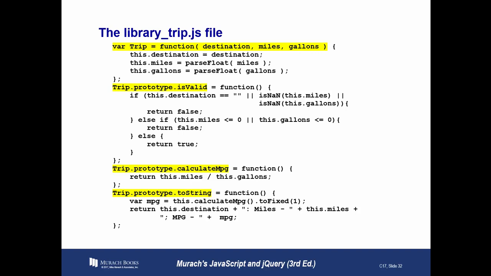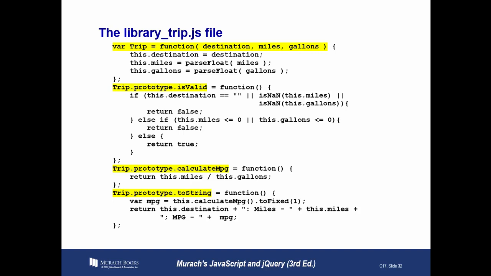So again, that is the library file, and here's the main JavaScript. The library trip file is for working with the data a user enters for a trip. It has a constructor function that creates the trip object type. This constructor, as you can see, accepts 3 parameters: the destination, the miles driven, and the gallons used. Within the constructor, the this keyword refers to the new object the function will create.